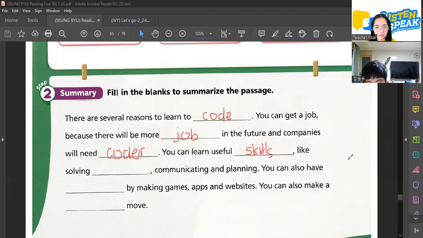Like solving problems, communicating and planning. You can also have blank.